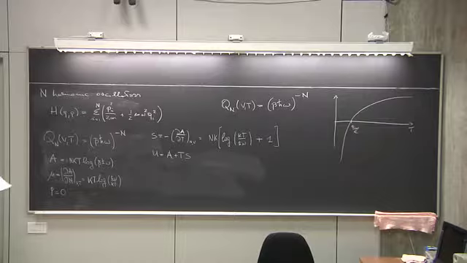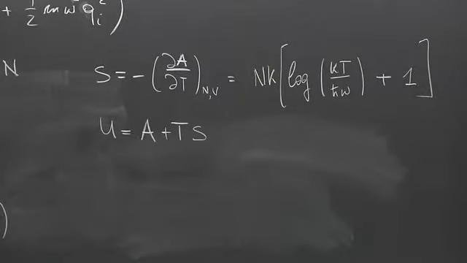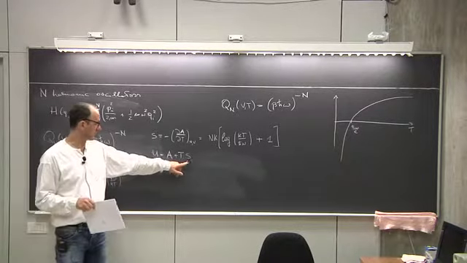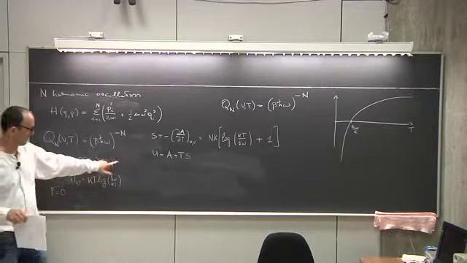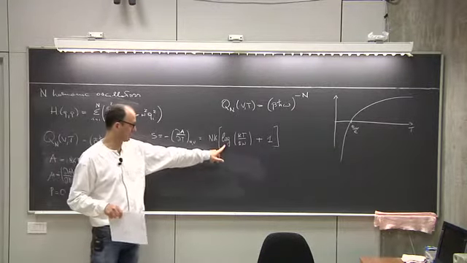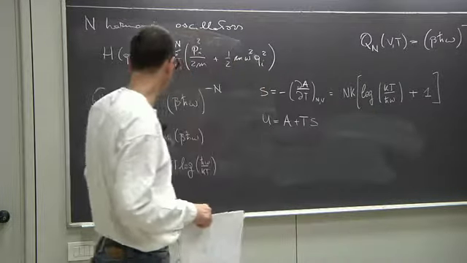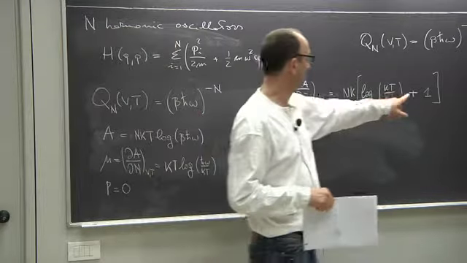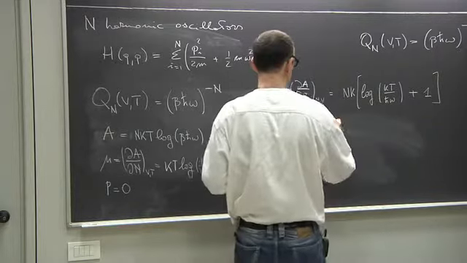Now you see, if you take A plus T times S, then this term of A will exactly cancel this term here, because here you have exactly minus this term. And then the only thing which you have is nk times T, okay?